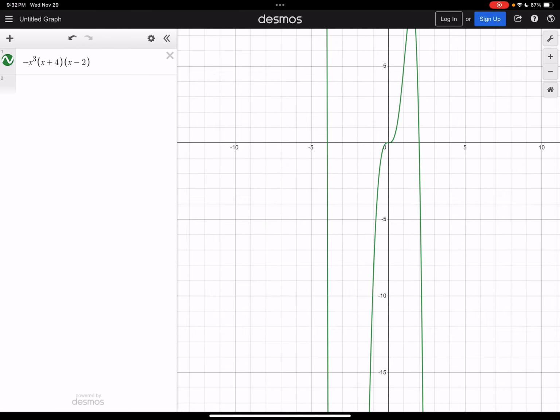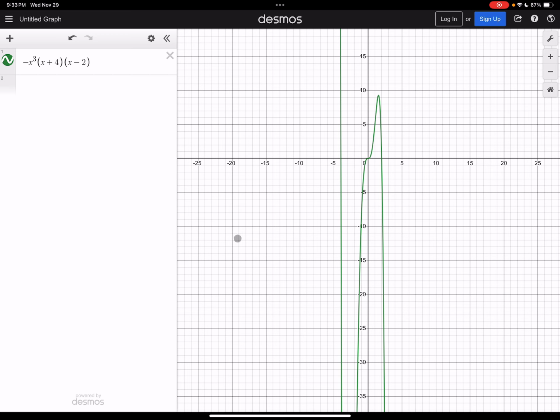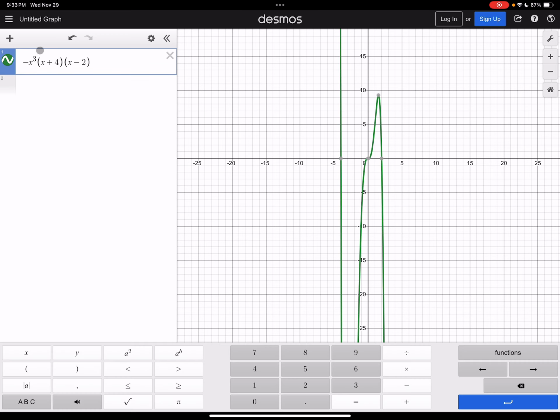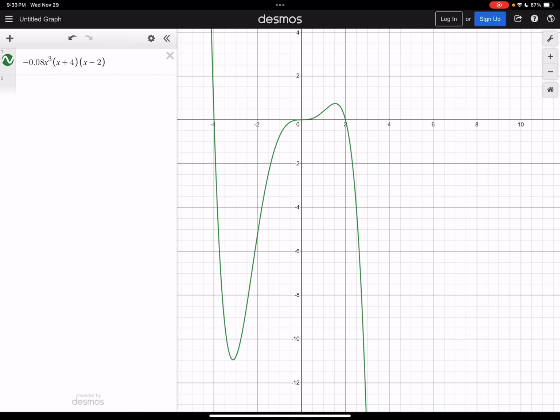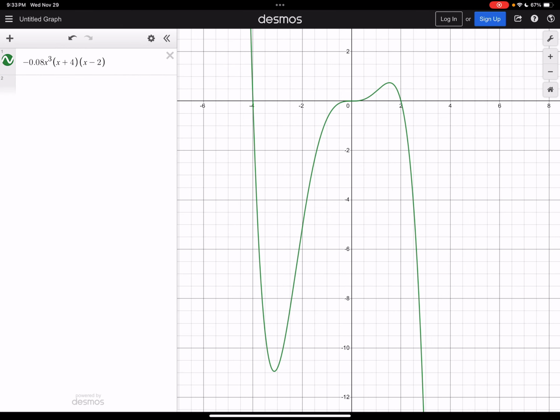Okay, so the curvature, you can see, I'm going to vertically dilate this some. That's too much. How about 8? Okay, so you can see this is roughly what our picture looks like. It comes down and then it scoots back upward, so it's going to go up and then inflect up.